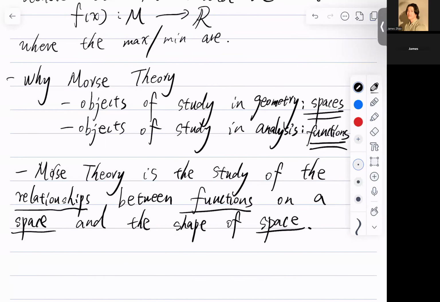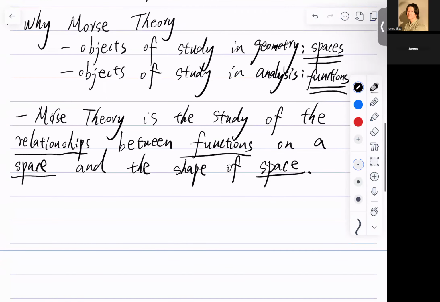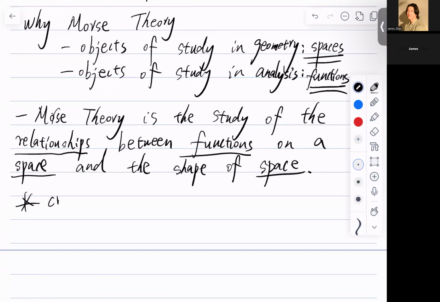We want to study functions and the spaces those functions operate on. In particular, this feature is to look at critical points, which we are going to define rigorously soon. Somewhat rigorously, don't worry.